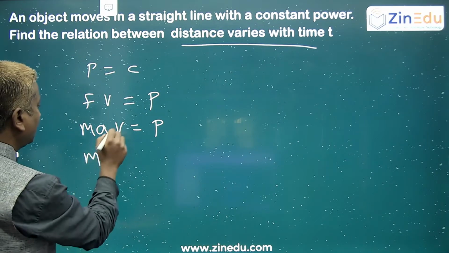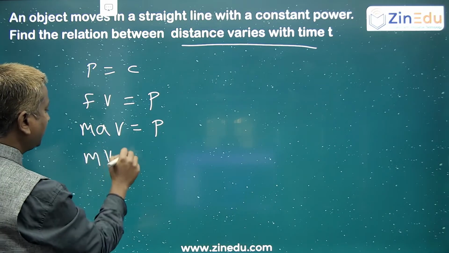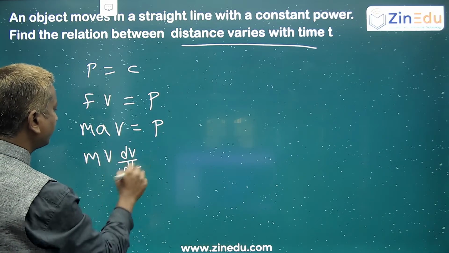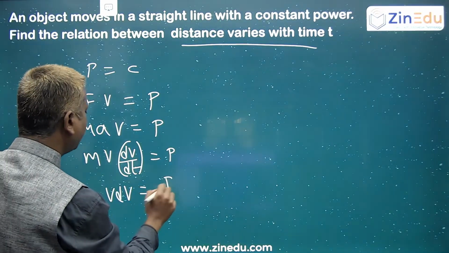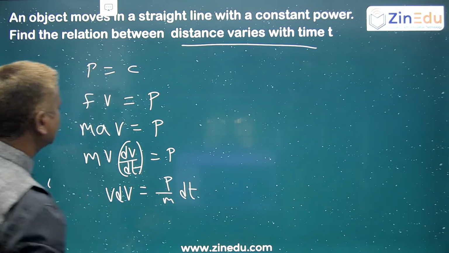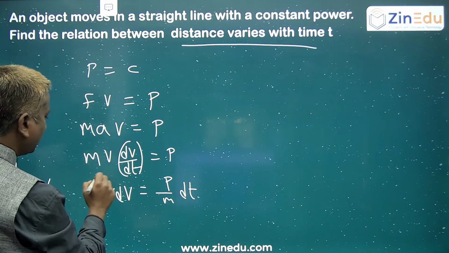Mass into velocity, and a you can write as acceleration dv by dt, is equal to power. So V dv is equal to P by m times dt, right? Now you can integrate on both sides.